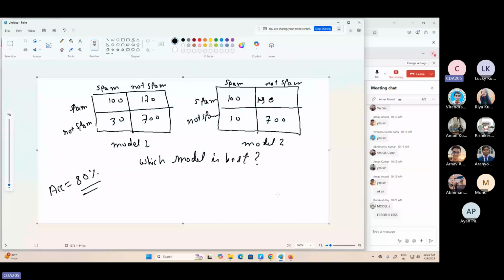Which error is less? Type 1 error. Okay. So type 1 error is less. So technically you are telling type 1 error is less. Okay. But what does it mean?